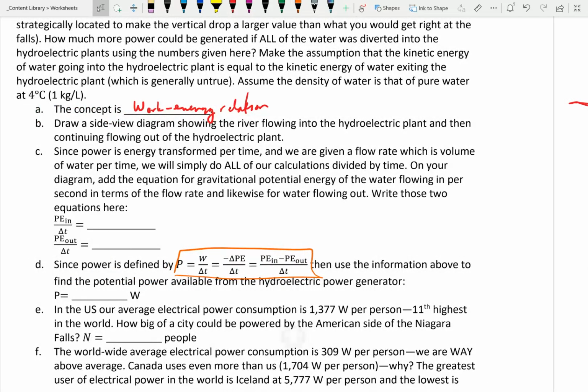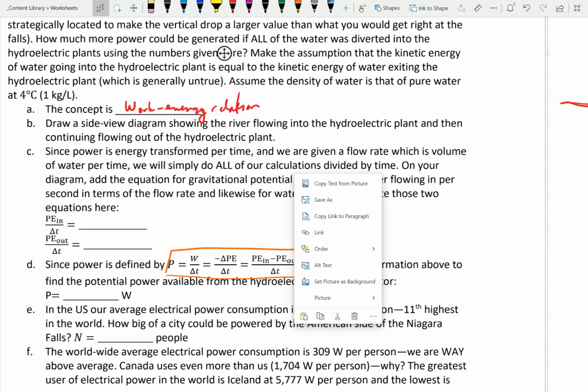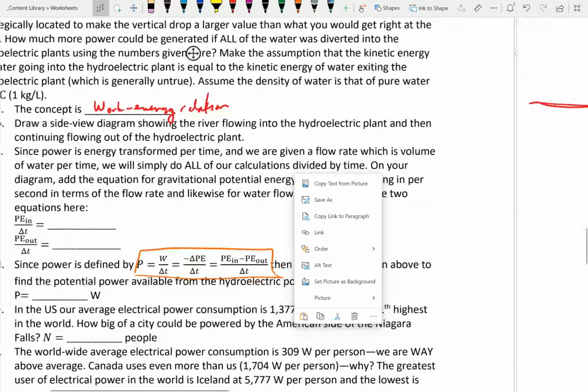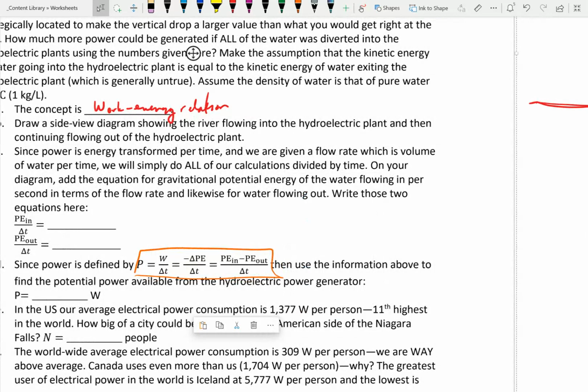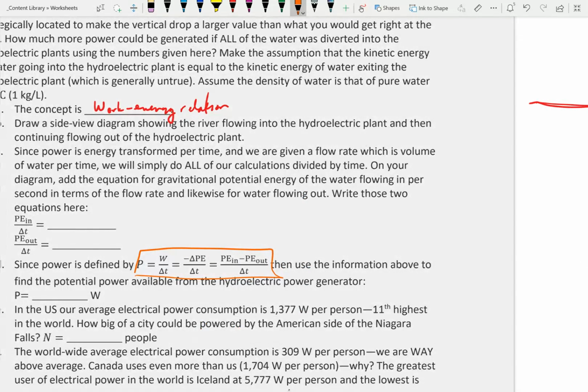And so I want the change in potential energy per time. So the potential energy initially is mass times g times y0, over delta t. And finally, it's mass times g times y final over delta t.